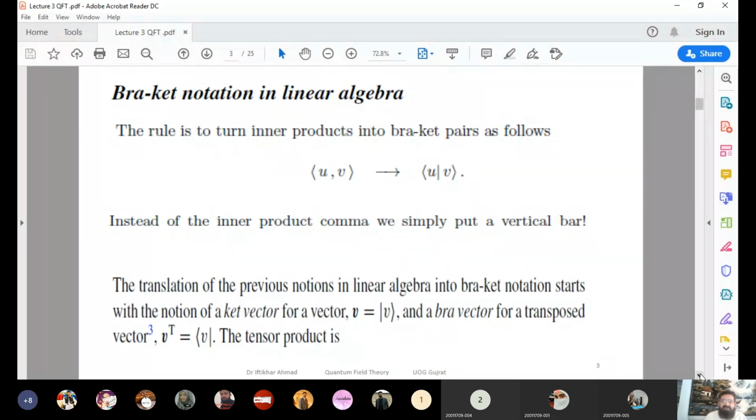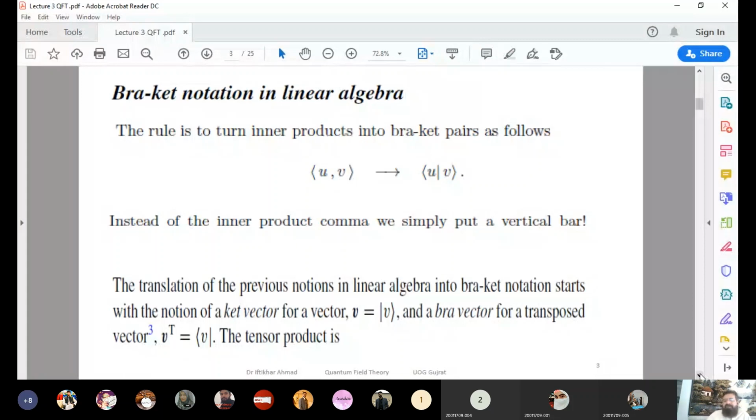This representation is called the ket vector representation. And how can you get the Bra? You get the Bra vector by taking the transpose of the ket vector. It means you put the bracket before v and the vertical bar after the vector v.